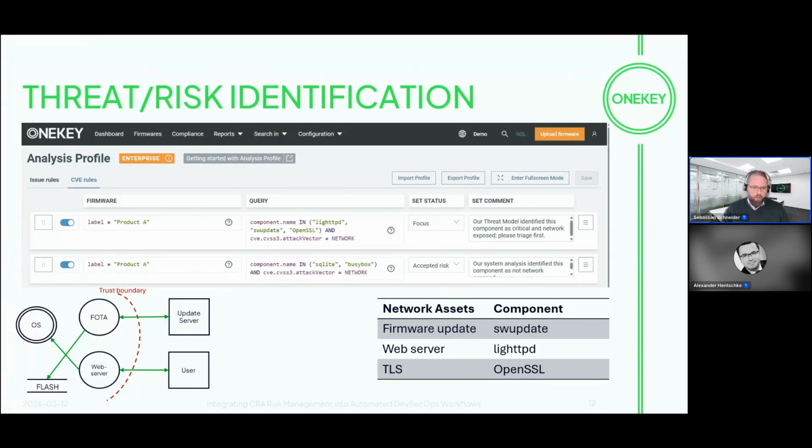It could be a very good starting point, and it really increases your speed and saves you lots of time to have such an automation in your triage process, so that you don't have to do this assessment over and over again for different firmwares, but you can really capture your decisions here and automatically apply them.